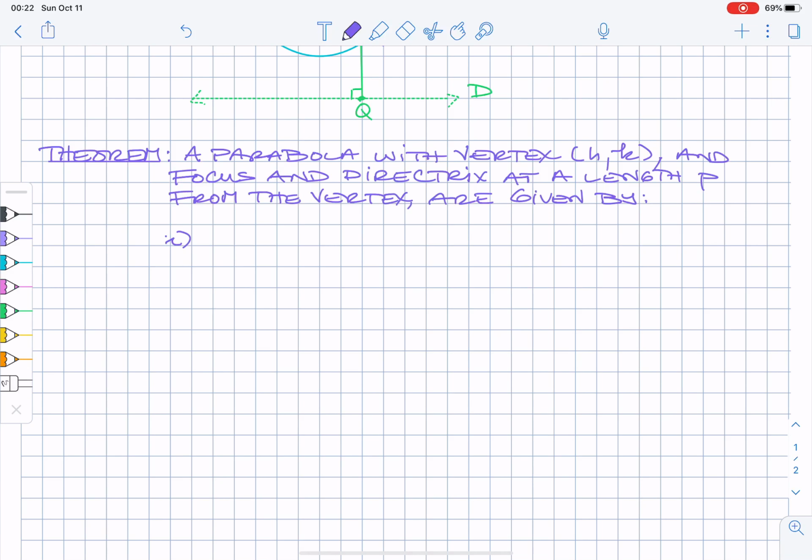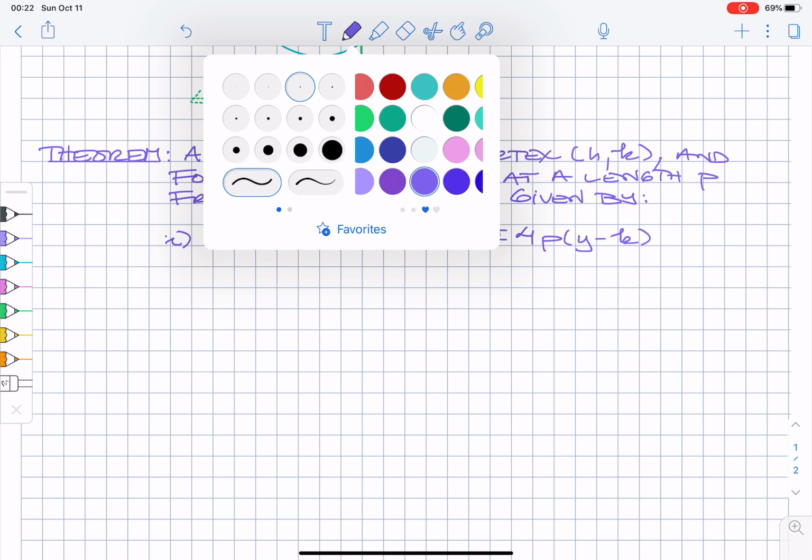Number one will be an up-down parabola, and that's going to be of the form (x minus h) squared is equal to plus or minus 4p times (y minus k). So that's up or down.